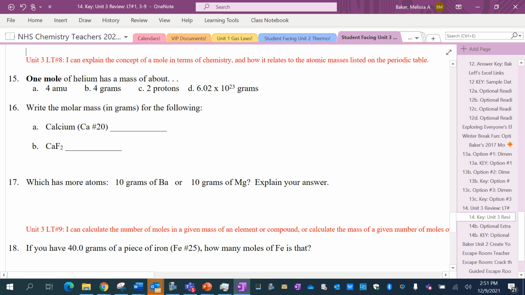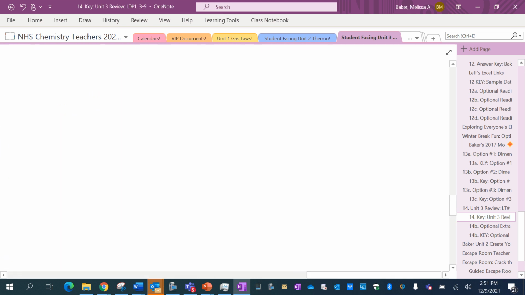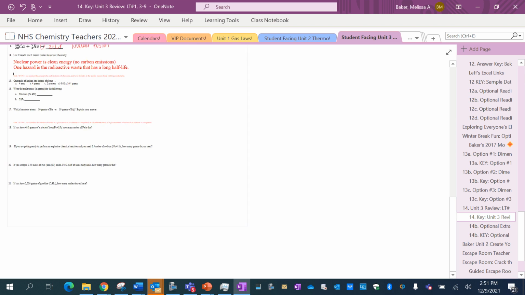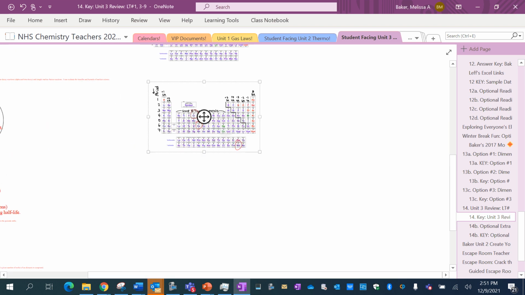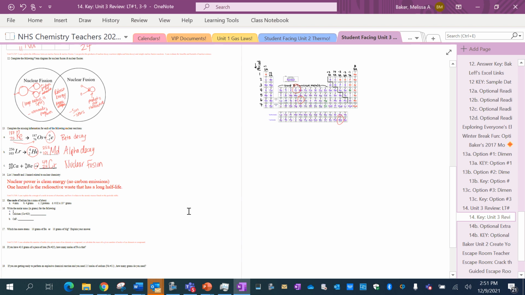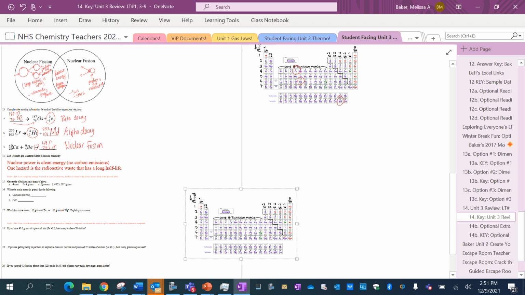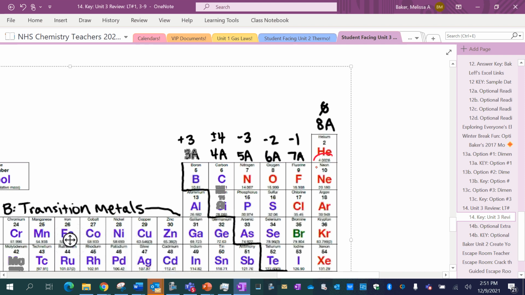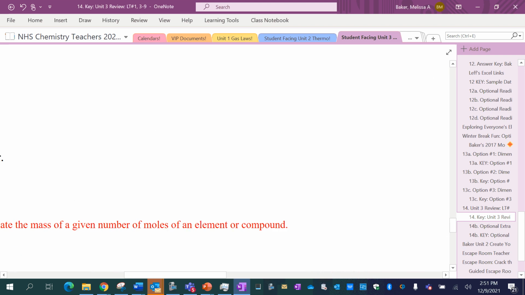One mole of helium has a mass of about what? Well, the periodic table will tell us. Oops, let's find a periodic table. Okay, helium, 1 mole of helium atoms weighs about 4 grams.